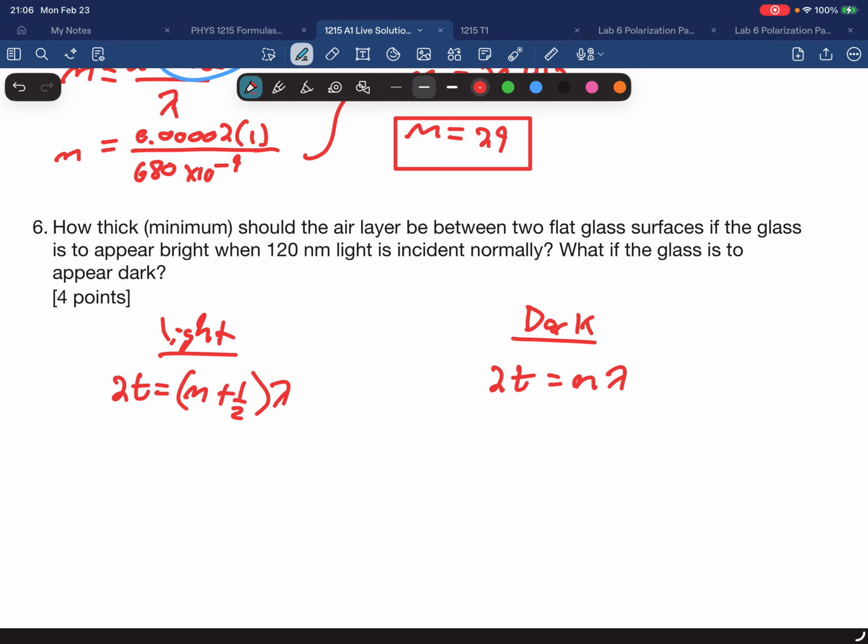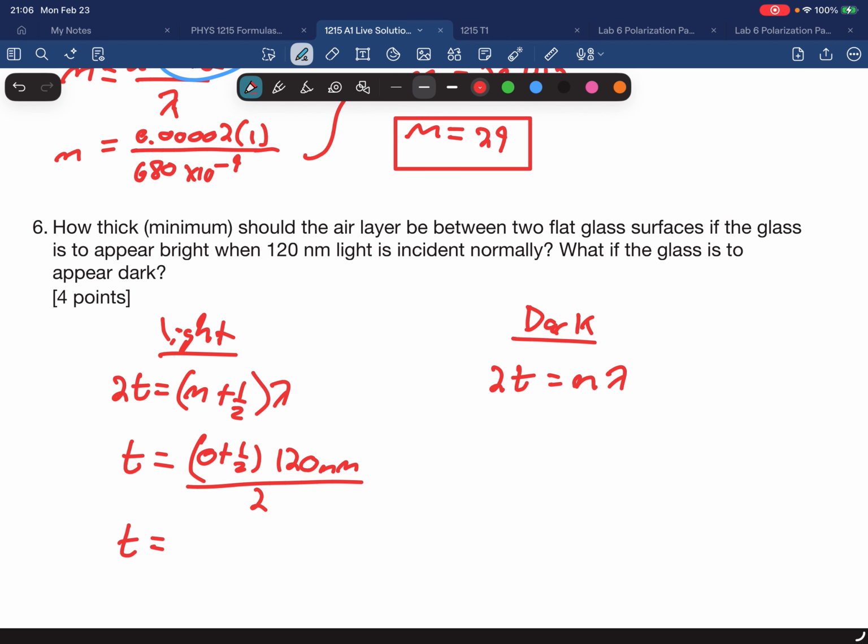Okay. So we have our equations written out. Let's go ahead and plug in. I'm going to plug in 0 for m. Wavelength is 120 nanometers. I'm going to leave it in nanometers this time.